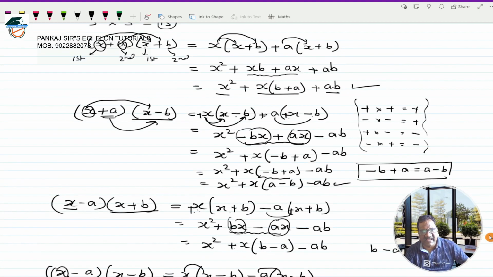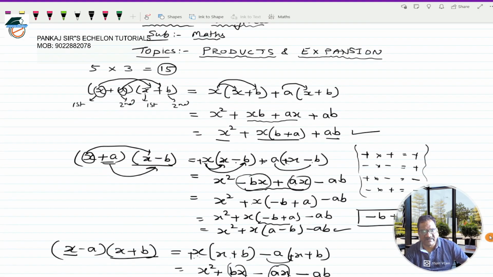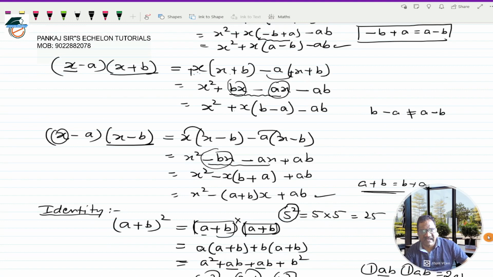This was just a theoretical introduction to this product and expansion, and I have taught you the basic idea of how to multiply two binomial expressions. The basic principle that I have used, I have explained to you.